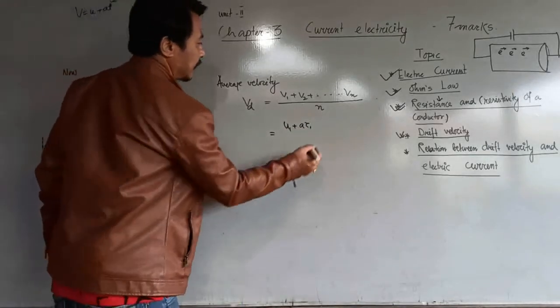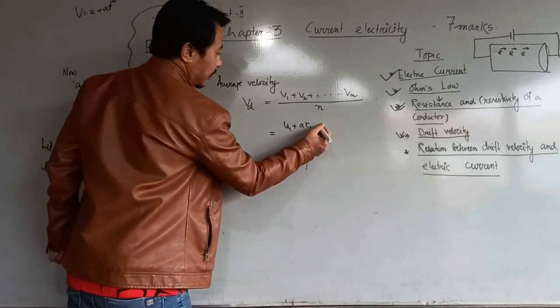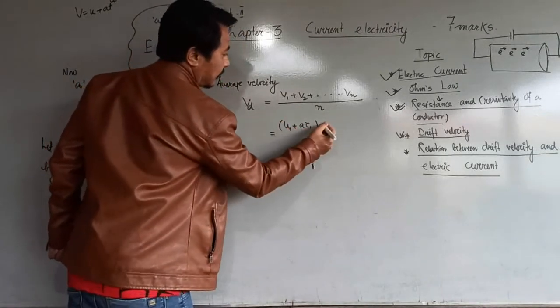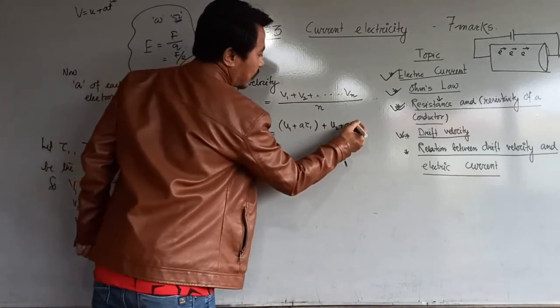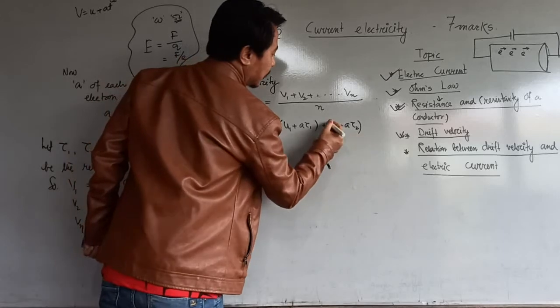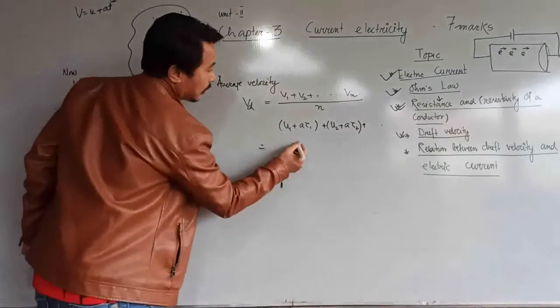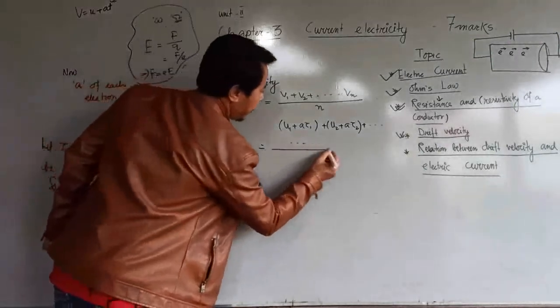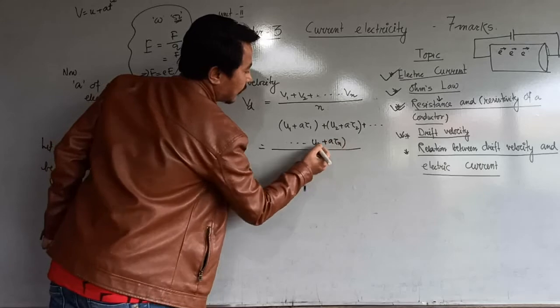then V2, the acceleration will be the same, plus u2 plus a tau 2, up to the nth term, divided by the number n.